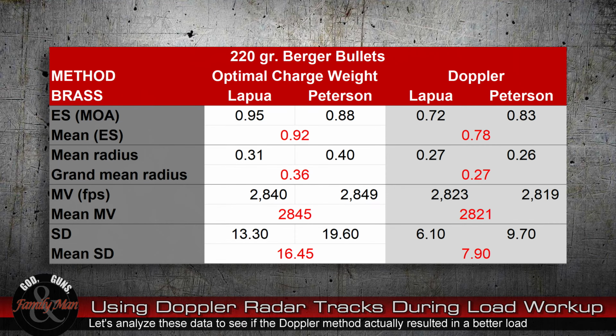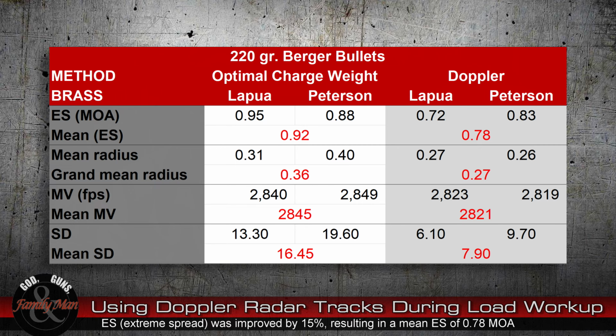Here we're looking at a summary table of all of these results. The first 2 data columns show my previous load workup results using the optimal charge weight method. The next 2 columns of data show the Doppler method of load development, and in both instances we're looking at the Lapua brass on the left, Peterson brass on the right.